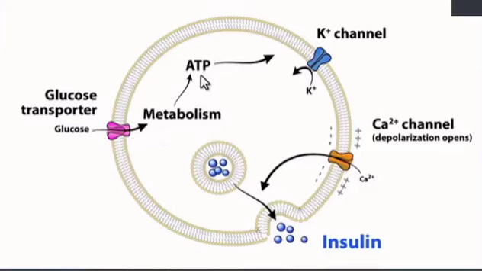The rise in ATP closes these potassium channels, which allows the cell membrane to depolarize. As the cell membrane depolarizes, it opens a voltage-gated calcium channel, which causes calcium to flow into the cell, and that causes exocytosis of the insulin, which has been produced in the beta cell and packaged into these vesicles.